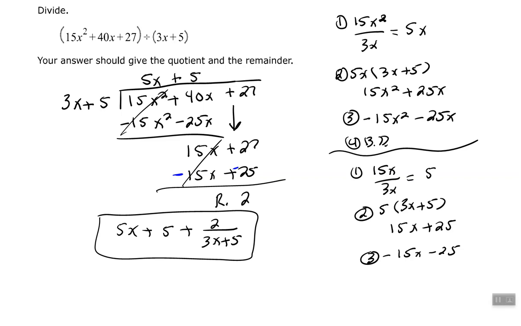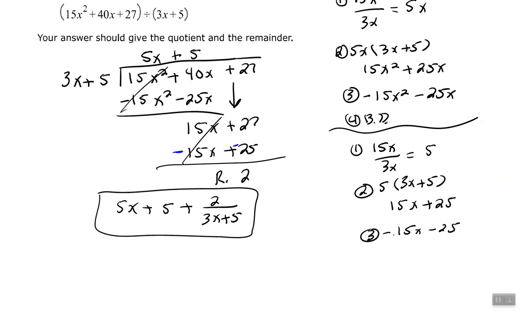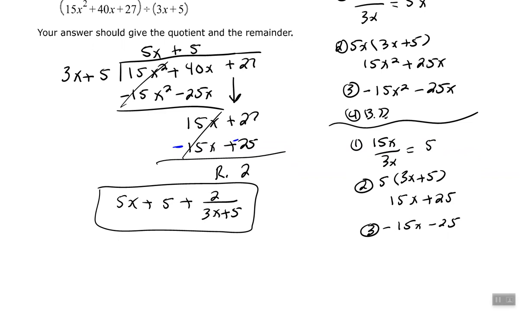Alrighty, good people. I'm sure someone is asking, well, how can you check this? Well, you can check it by multiplying the 5x plus 5, the top, times the outside, 3x plus 5, and then adding the 2 to the end, and you should come up with 15x squared plus 40x plus 27.